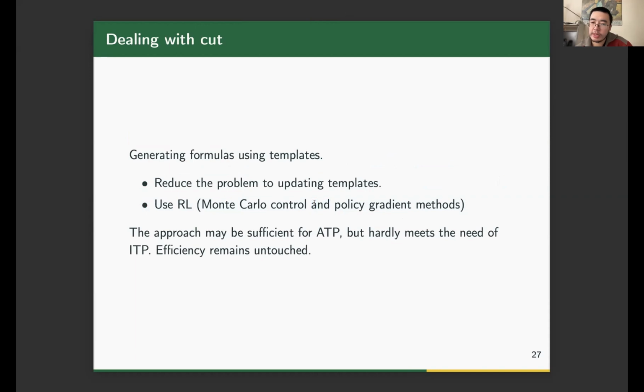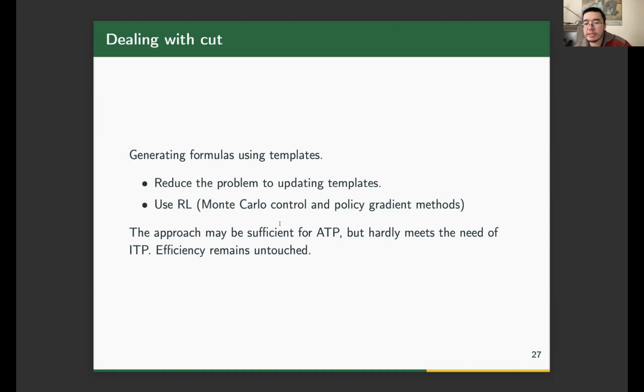Okay, so these are two problems, and we have potential solutions, but maybe they are too machine learning focused for this topic. One thing we can do is that we don't really need to generate arbitrary formulas. We can fix a template, which is parameterized by some integers or whatever, or reals maybe. You can fill in these holes, and use those templates as your possible suffices. That is one way, and we can also train this using reinforcement learning.